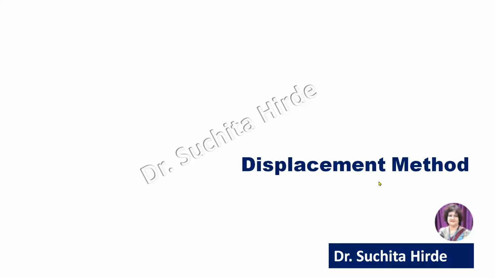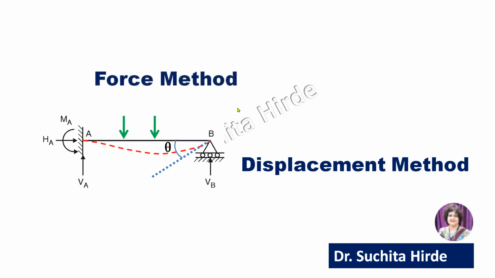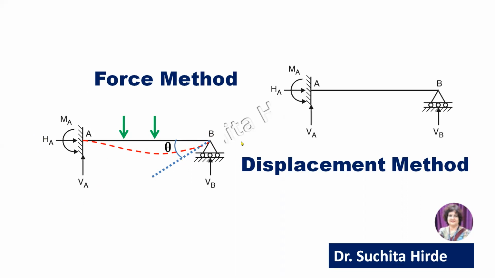So in short, if you want to analyze any indeterminate structure by displacement method, then you have to consider the displacement, that is thetas and deltas in the structure, as primary unknown, and after that only you can calculate other reactions. But if you analyze the same structure using force method, in that case, you have to consider redundant force as primary unknown.